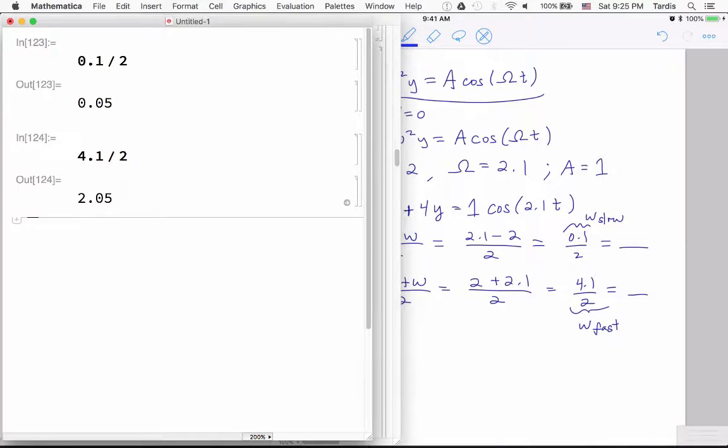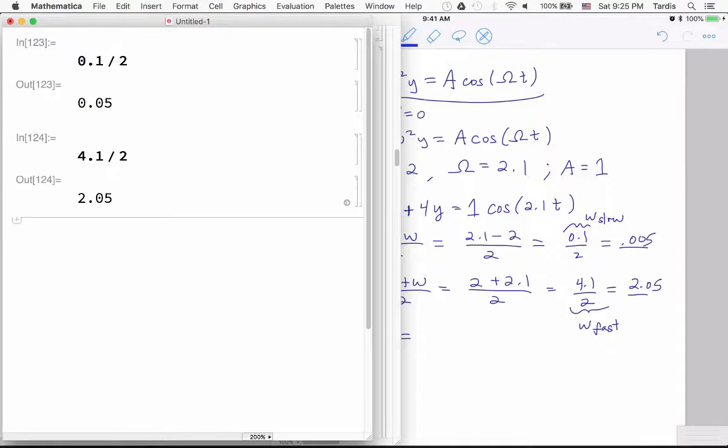You'll get 0.005, and you'll get 2.05, which means that when you look at the period slow, that will be 2 pi divided by that number.